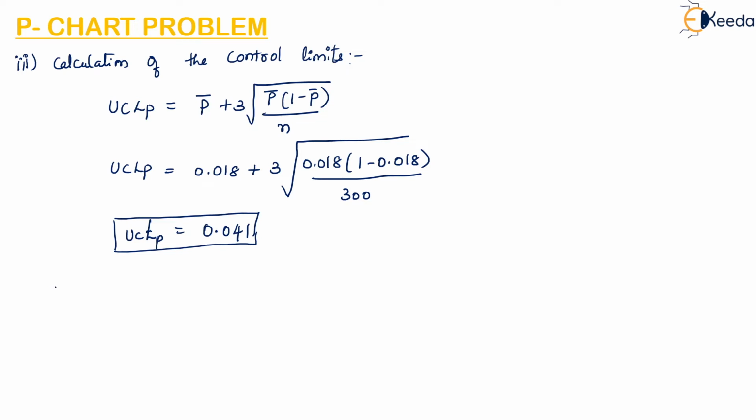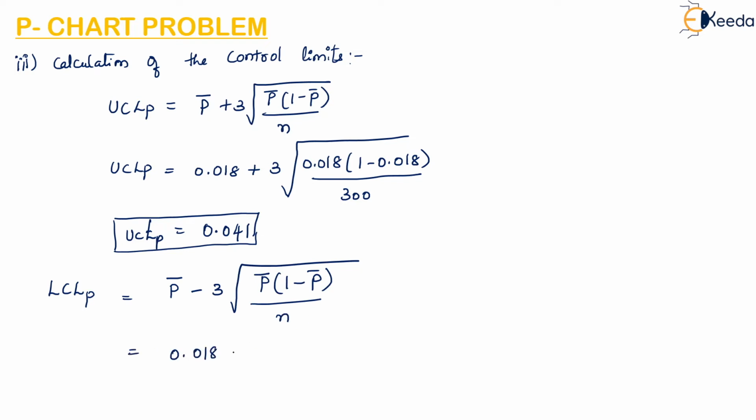Now the calculation of the lower control limit for the P chart, that is P dash minus 3 into root of P dash into 1 minus P dash divided by N. So 0.018 minus 3 into root of 0.018 into 1 minus 0.018 divided by 300.